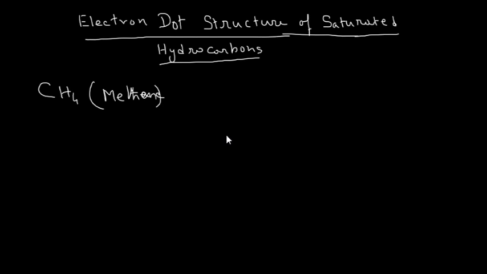Carbon has 4 electrons in its valence shell. It forms 4 single covalent bonds with 4 hydrogen atoms.